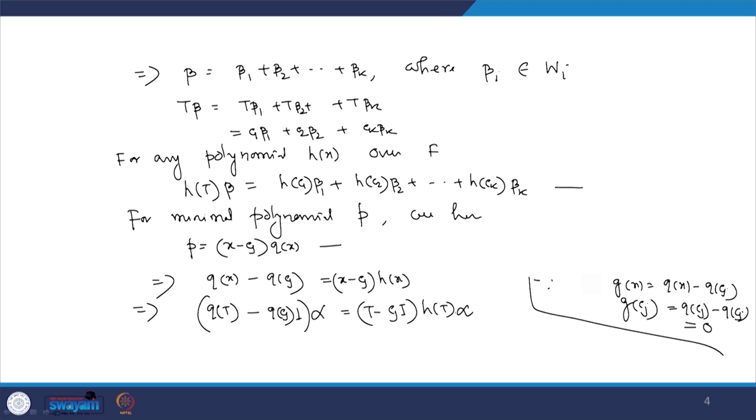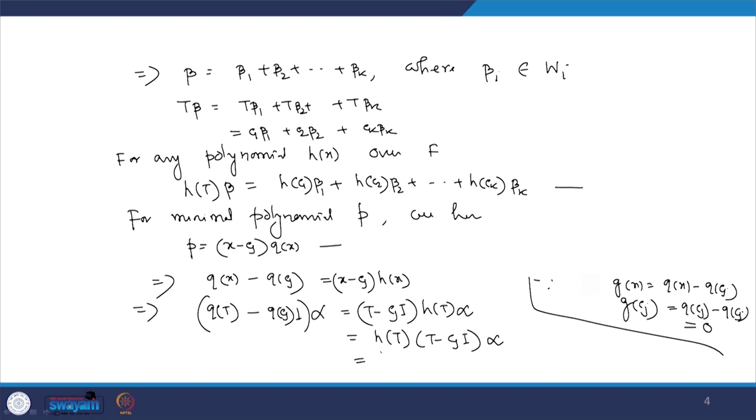So, Qt minus Qcj operating on alpha will be equal to this quantity. I can rewrite this, because it is an operator product, as commutative: Ht into (T minus Cj I) operating on alpha. But T minus Cj I operating on alpha equal to beta.